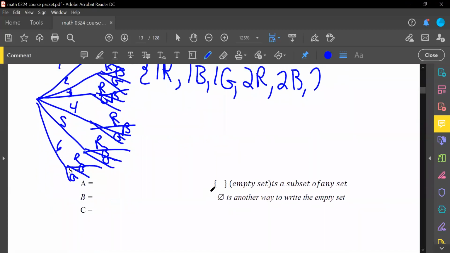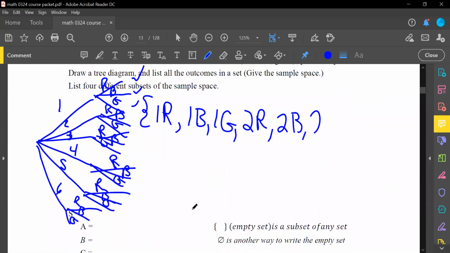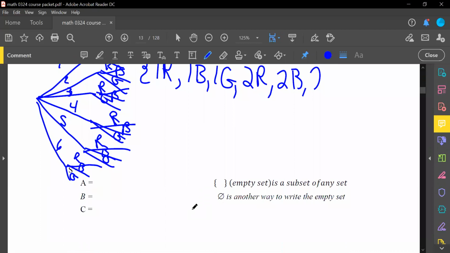All right, so what do they want? List 4 different subsets. So they have the empty set, that's a subset. Any combination of these things is a subset. My pen just died.